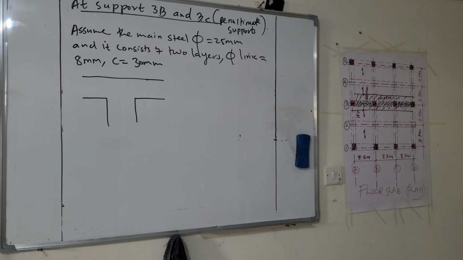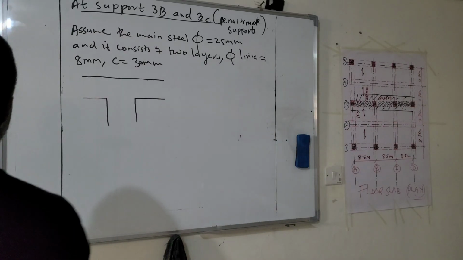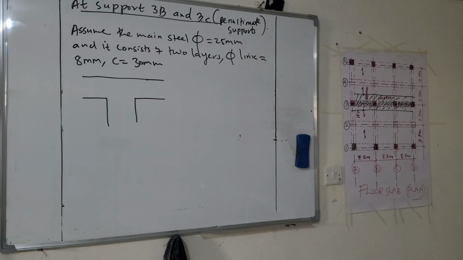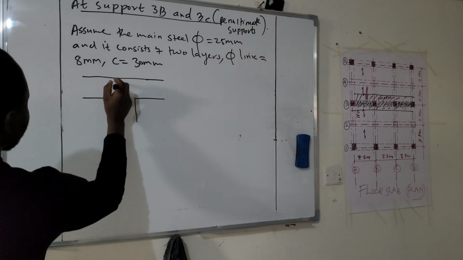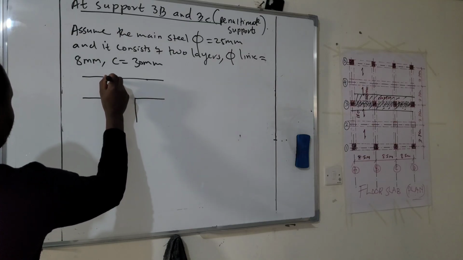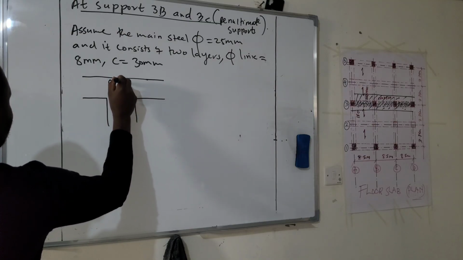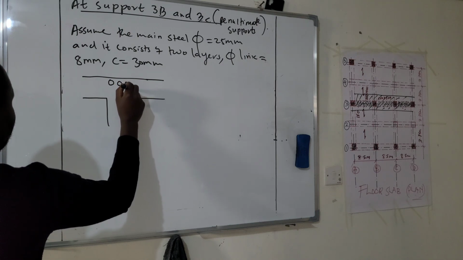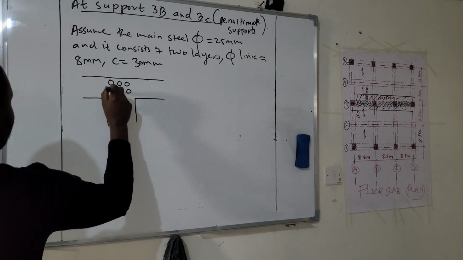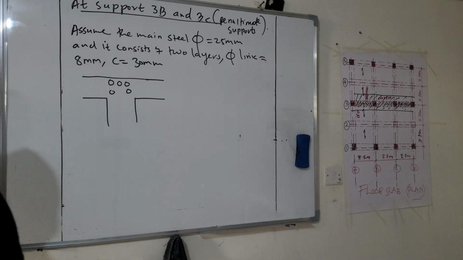So negative moment means the main bar, which is the tension bar, will be at the top of this beam, like that.